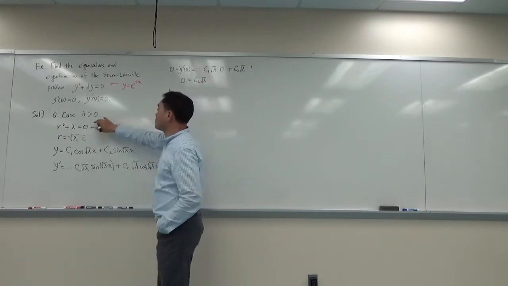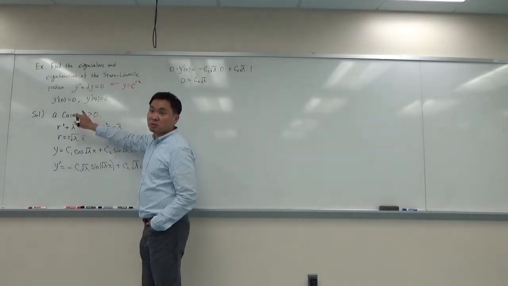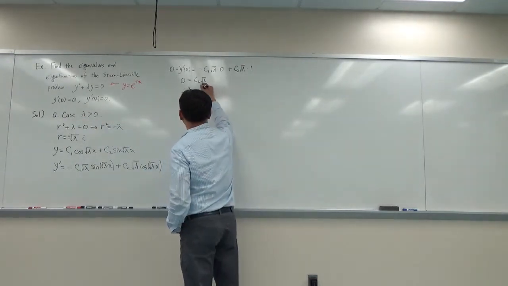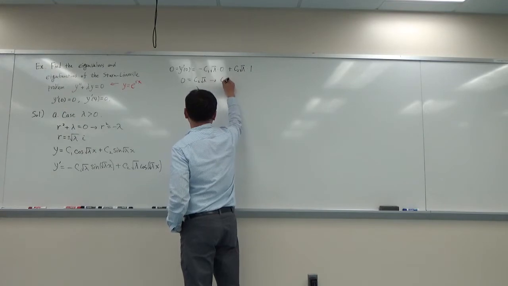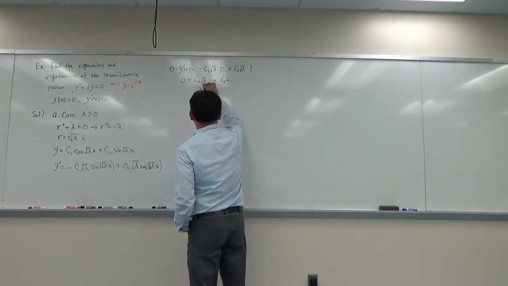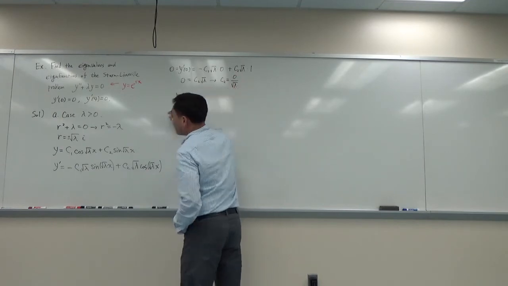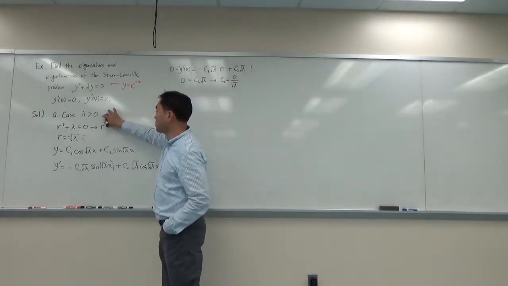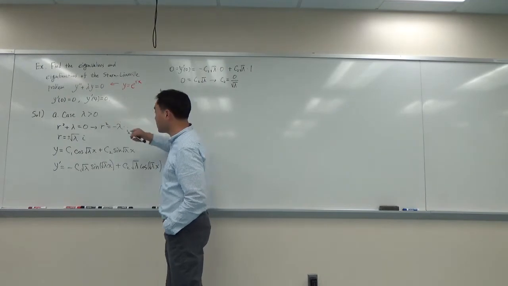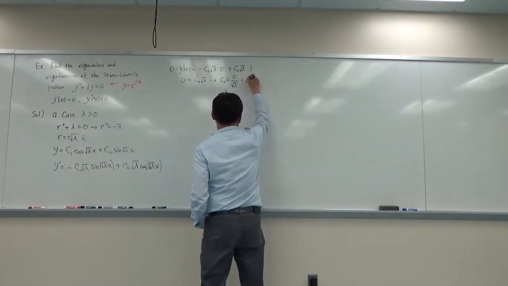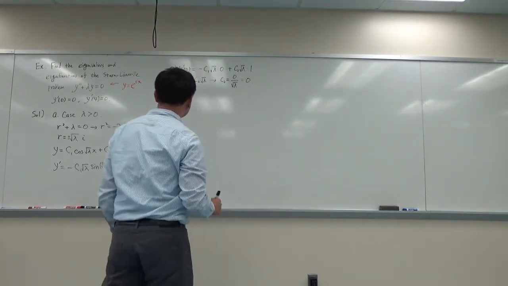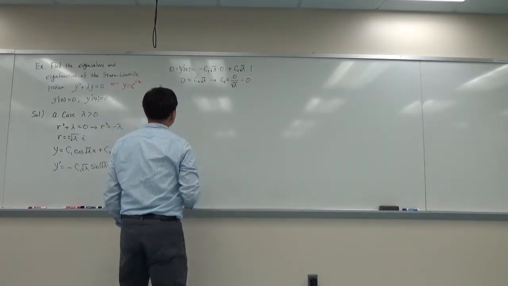Because our assumption is that lambda is bigger than 0, this cannot be 0, so the only choice is to have c2 as 0. If you divide to the other side, 0 over square root of lambda, lambda is not 0 according to our condition, and therefore this is going to be 0. So we got c2 as 0.